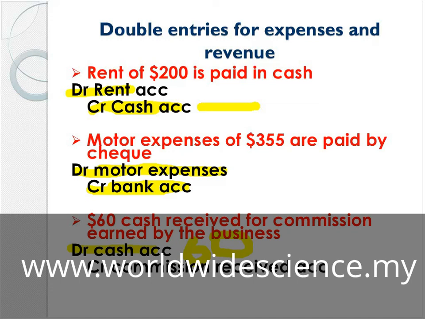So the first one, rent of 200 is paid in cash. The 200 cash we show on the right-hand side, that 200 on the credit right side. Next one, the motor expense 355. We also show it on the right-hand side.